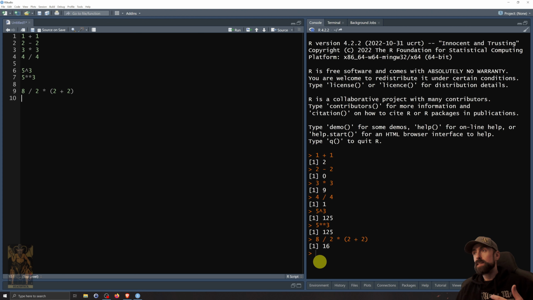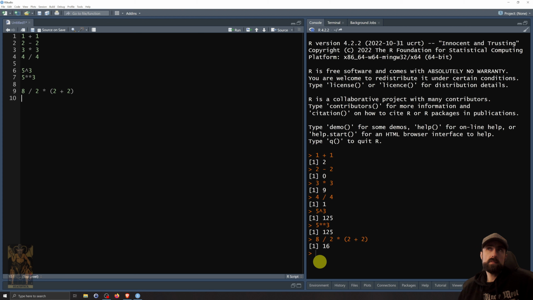As many of you will no doubt have learned in your primary education, according to the order of operations, so BEDMAS, brackets, exponents, division, multiplication, addition, and subtraction, or PEDMAS, if you're perhaps American, the order in which you divide and multiply inside a math expression is not fixed, right? Sometimes you divide first, and sometimes you have to multiply first.